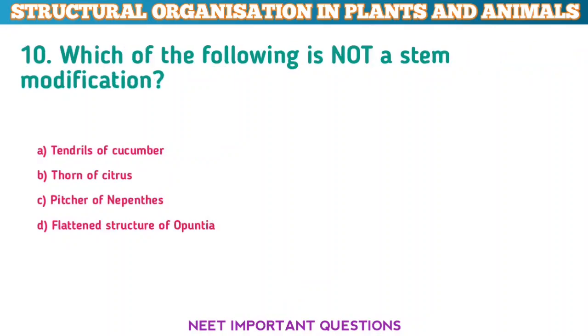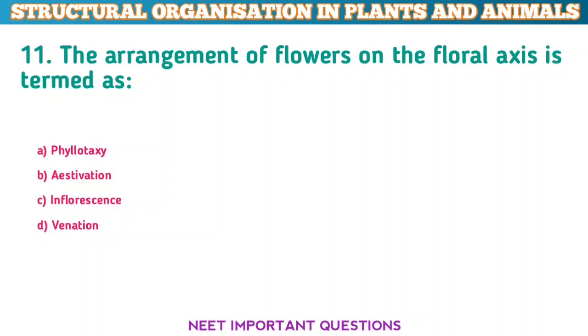10. Which of the following is not a stem modification? Answer. C. Picture of Nepenthes. 11. The arrangement of flowers on the floral axis is termed as. Answer.